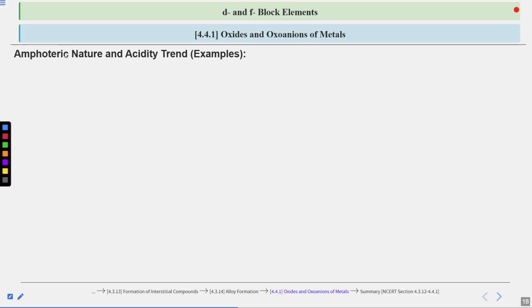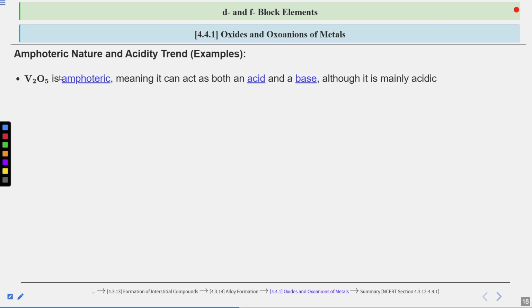Amphoteric nature and acidity trend, and some examples. V2O5 is amphoteric in nature, meaning it can act both as an acid and a base. Although it is mainly acidic, it can act as both acid and base. That's why we call it an amphoteric compound.